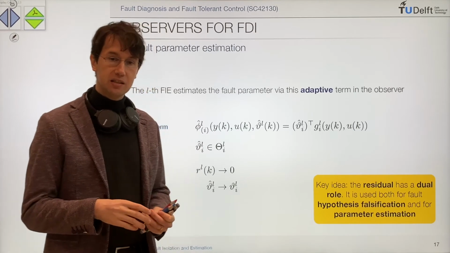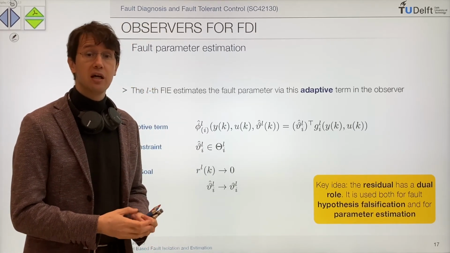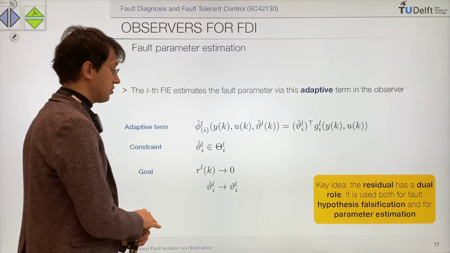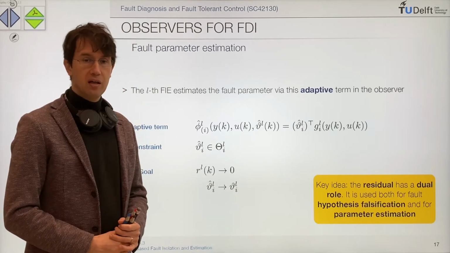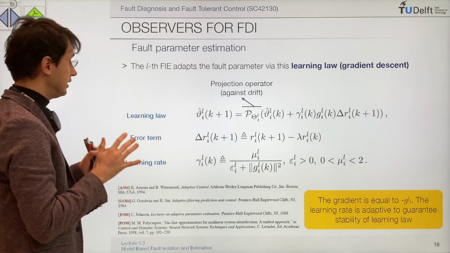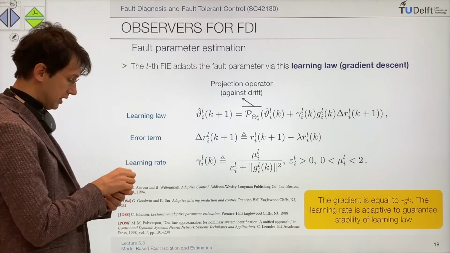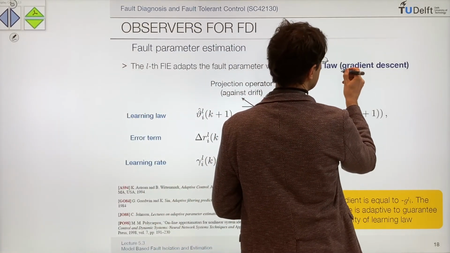So the idea is to provide the residual with a new role. Previously it was just used for hypothesis testing. Now it is also used for parameter estimation. So how do we actually do that? Well, the answer is in the next slide. We implement what is called gradient descent.